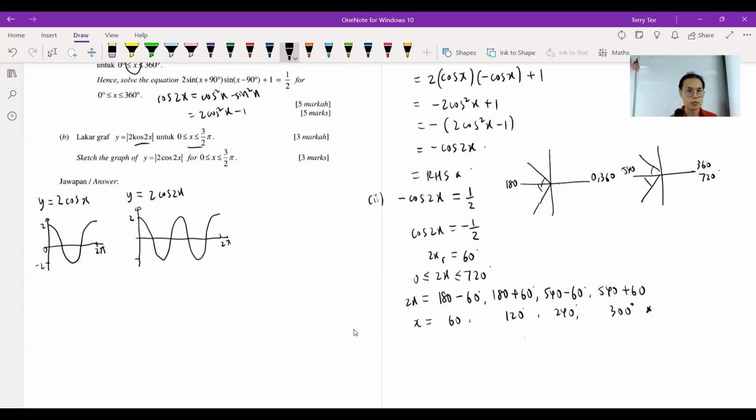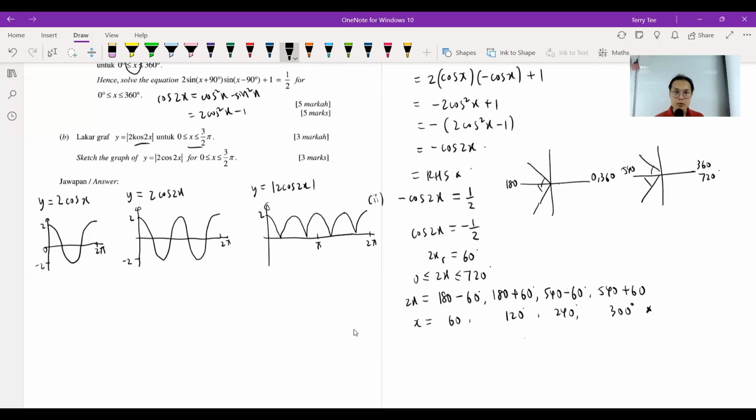Maximum 2, minimum -2. Now, next, you need to take the modulus. So the moment you modulus, this graph is reflected up. All the part that's negative reflects up, right? So, okay, wait. It goes like this. 3 peaks. This is up to 2 pi. This is pi, right?